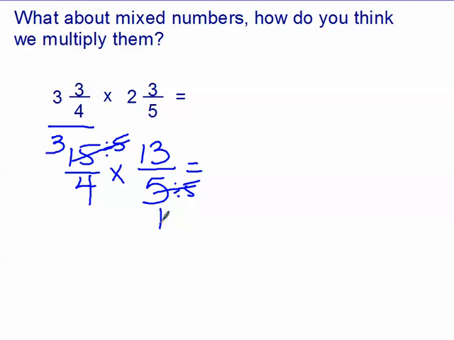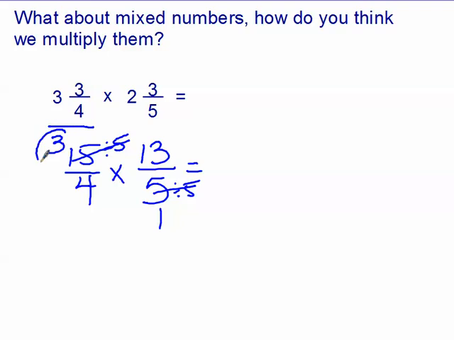Now what that does is that makes our numbers much smaller, so that when I'm multiplying, it makes it a lot easier to do. I could do this 15 times 13 and come up with an answer of 195. And this 4 times 5 and get a 20. But then I've got 195 divided by 20. If I simplify the problem first, then my numbers end up being much smaller.